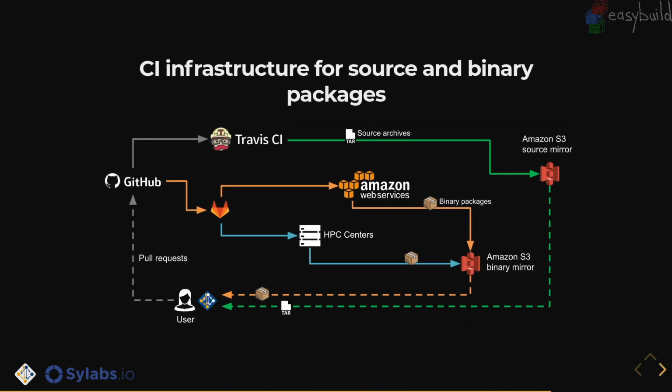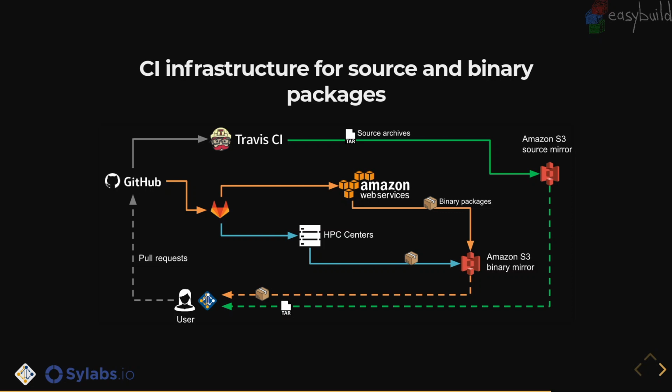And that's the grand idea that we are pursuing, and we are pretty close to it, to have CI infrastructures for source and binary packages. The basic idea started a couple of years ago, and we are pretty much there.